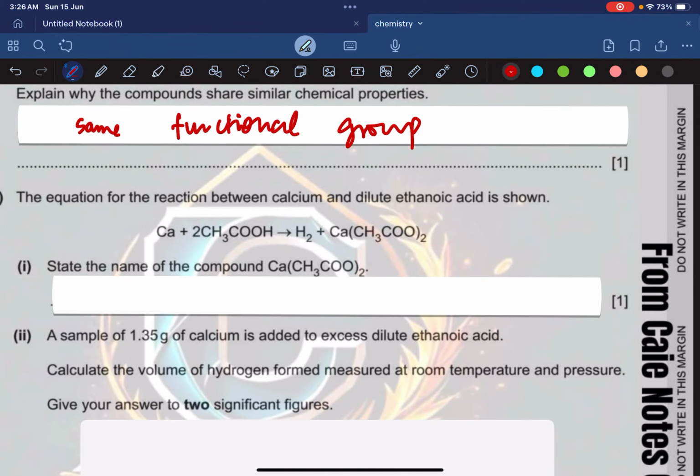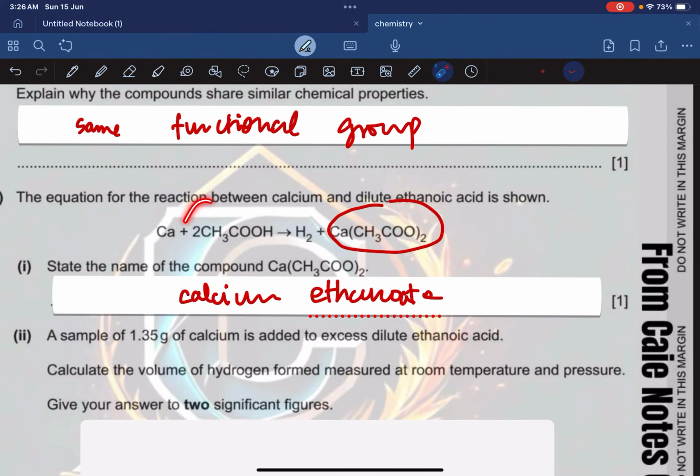That's going to be easy. This is your ethanoic acid and this is your calcium. So what's the salt that's going to be formed? Obviously, it's going to be calcium ethanoate, because you have taken your ethanoic acid, ethanoate. If it was propanoic acid, it would be calcium propanoate. If it was butanoic acid, it would be calcium butanoate.